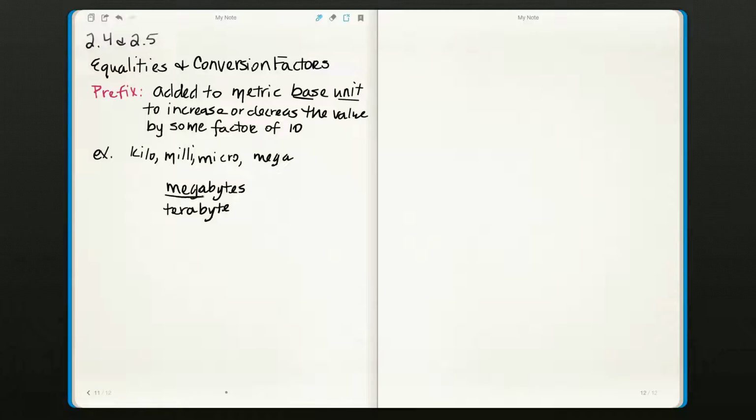So that first part is the prefix. So table 2.4 in your textbook shows you a list of all the prefixes and their equalities.